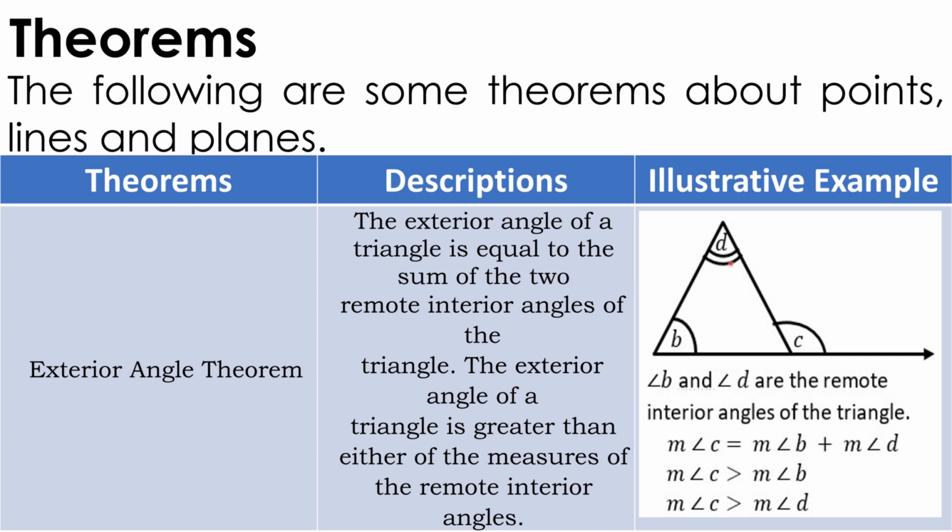Angle B and angle D are the remote interior angles of the triangle. So the measurement of angle C is equal to the measurement of angle B plus the measurement of angle D. And also, the measurement of angle C is greater than the measurement of angle B, and also the measurement of angle C is greater than the measurement of angle D. This is what we call the exterior angle theorem.